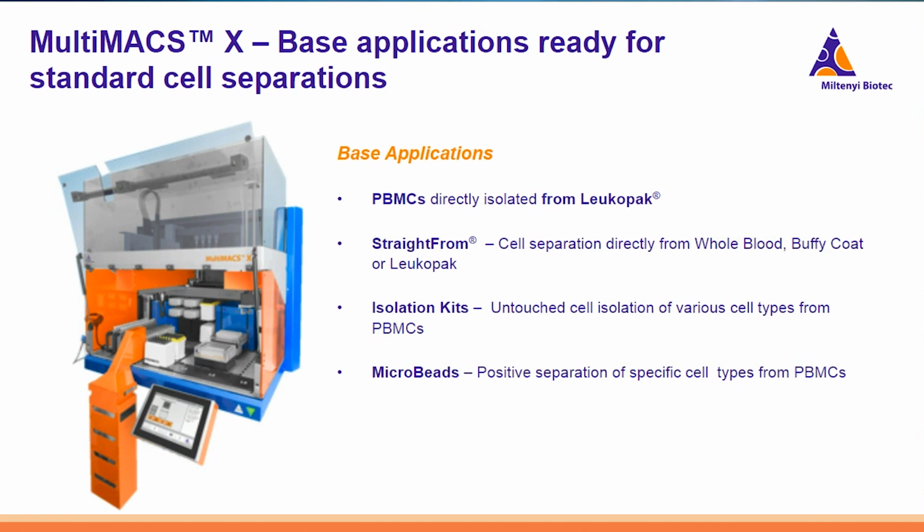Based on PBMC, we have 2 different base application sets. For example, isolation kits, which is an untouched cell isolation of various cell types directly from PBMC. And the microbeads base applications are positive separations of specific cell types from PBMC with nano-sized microbeads.